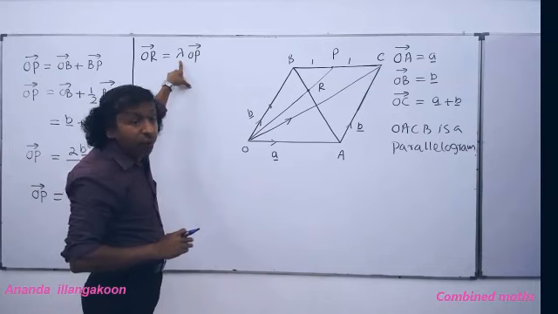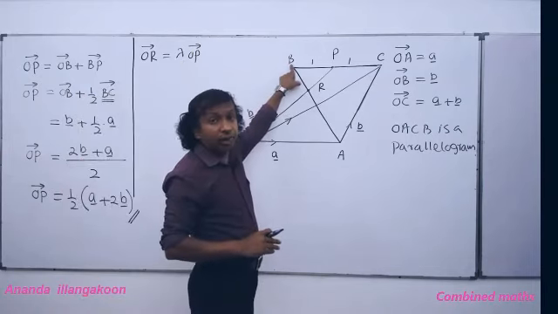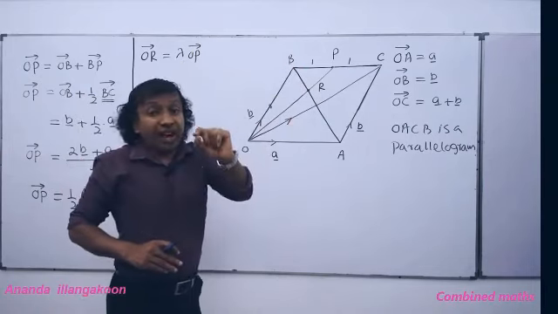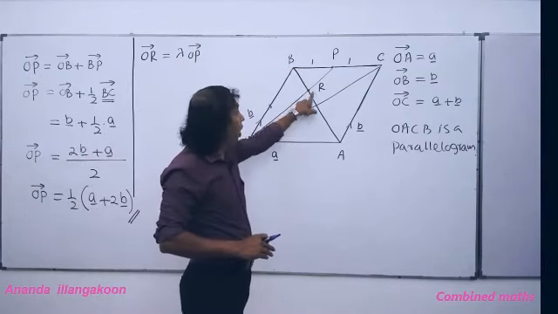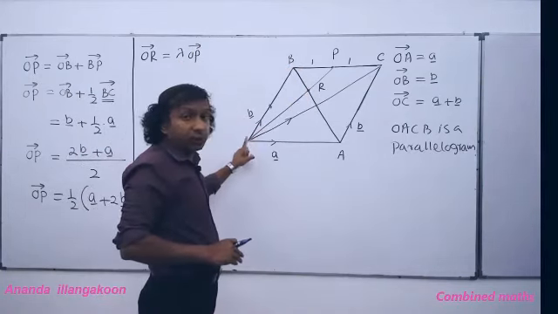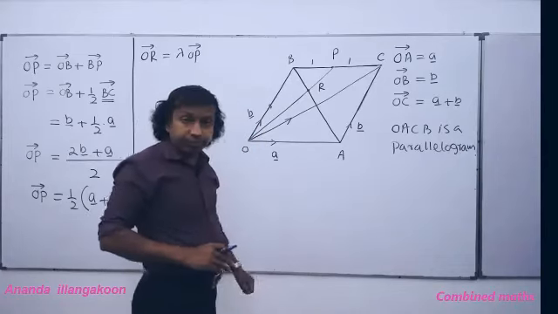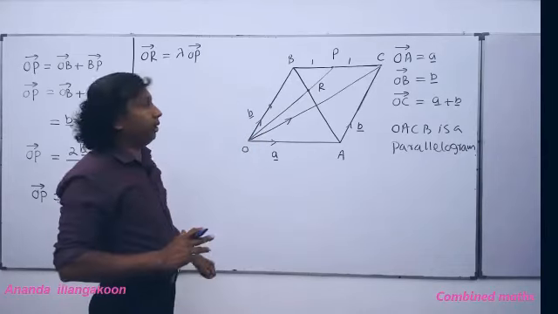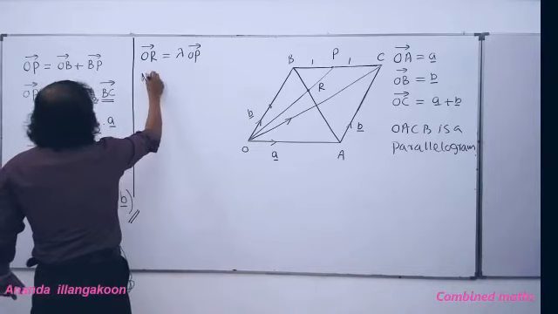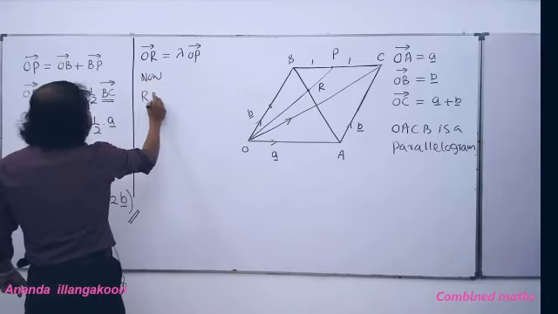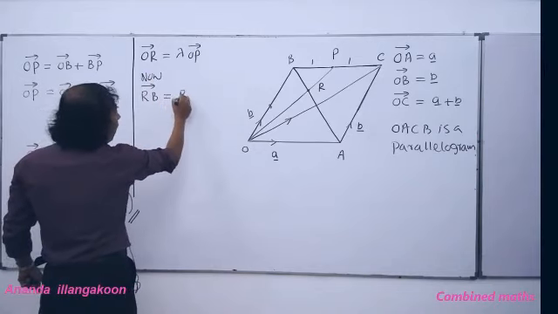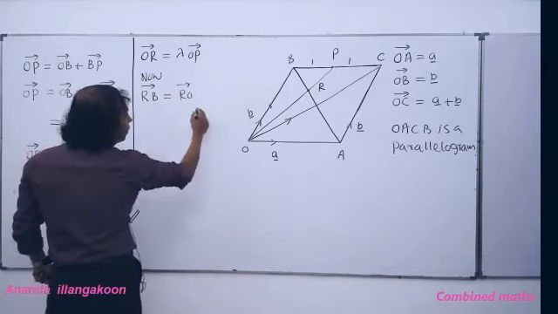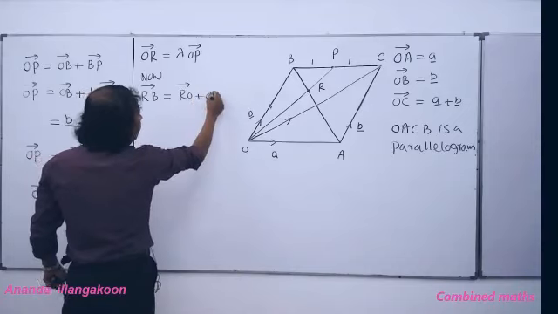Right. Now RB vector you can write by using the triangle law of vector addition. How? RB vector is equal to RO vector plus OB vector. Understood?